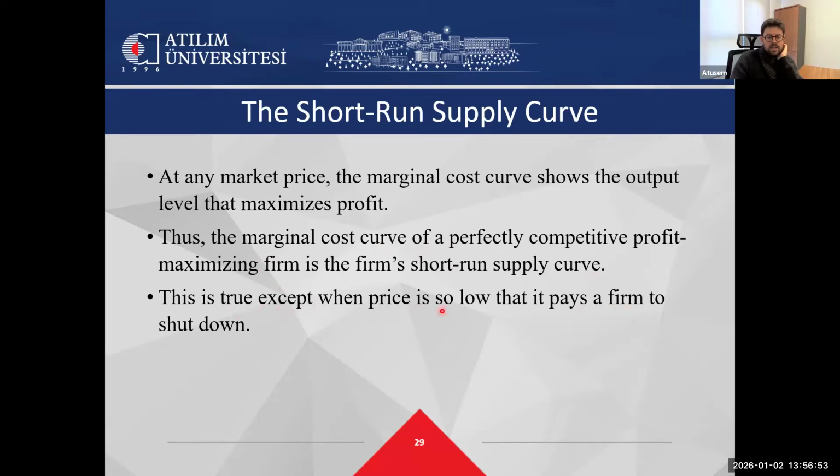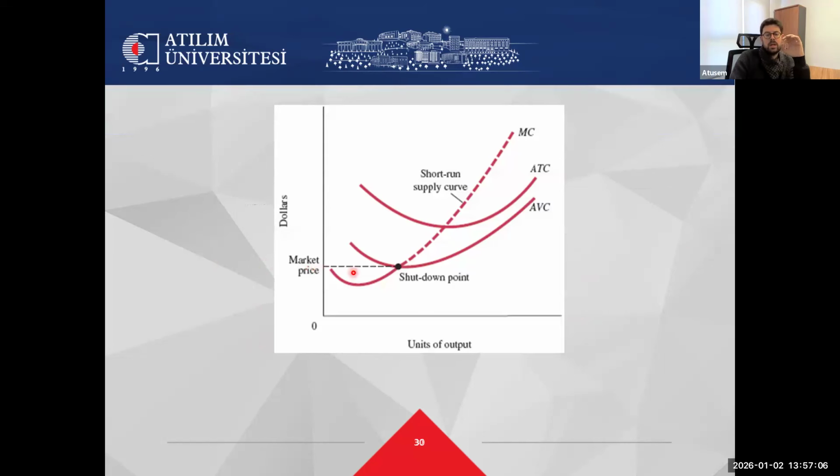True, except when price is so low that it pays a firm to shut down. Let's show the other slides for when the firm shuts down. If the market price becomes less than the minimum point of average variable cost, we can shut down.